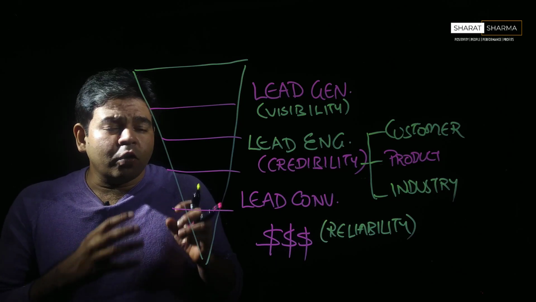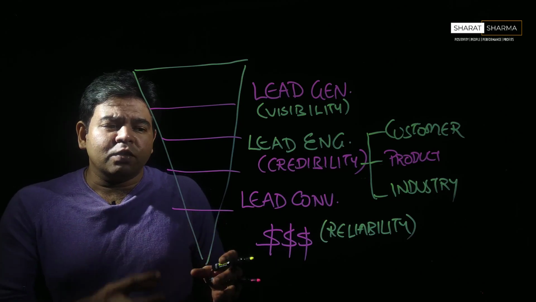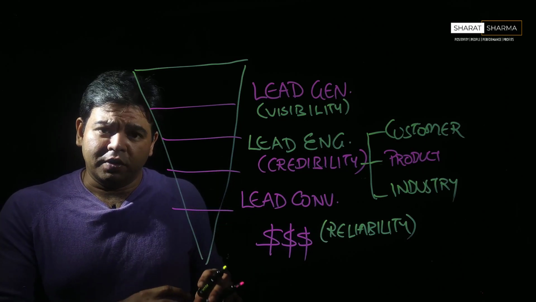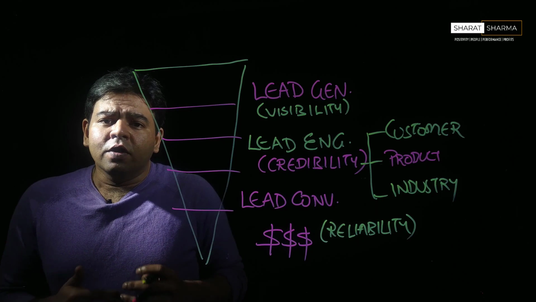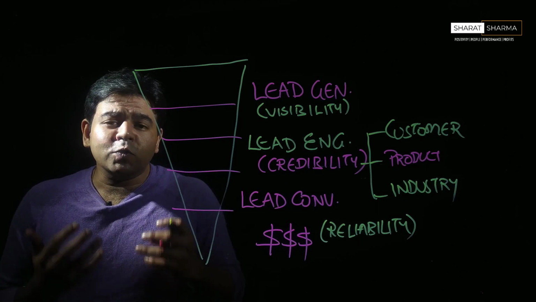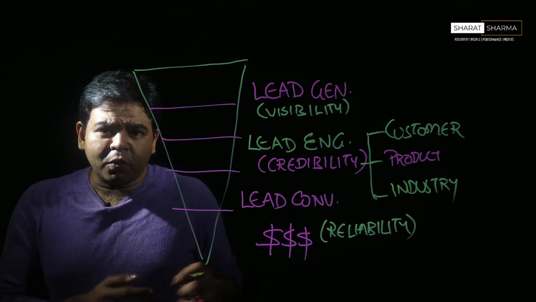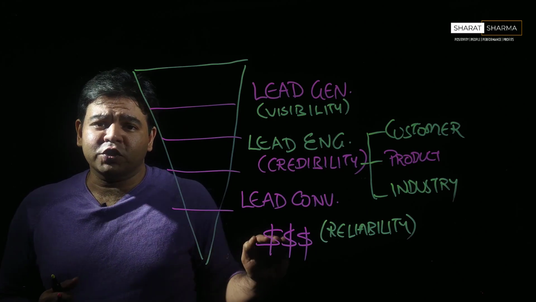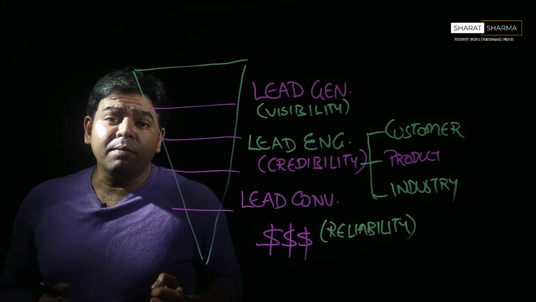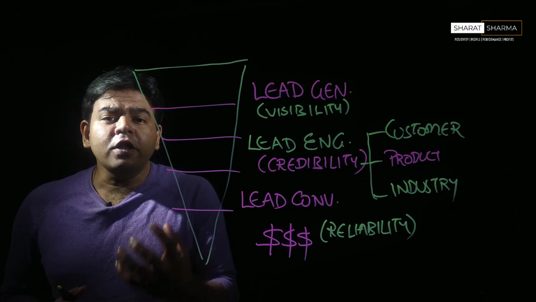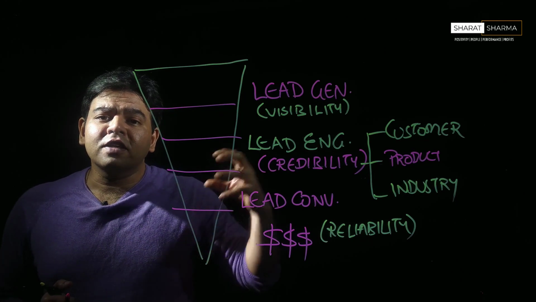Now, in the same way, you got to build reliable ways in which you can close your customers. Now, when customer is ready to pull out money and give it to you in your hands, you got to say and do everything possible to eliminate all the objections. And the objections can be eliminated by creating that reliability factor. We call it a social proof, what other people are saying.